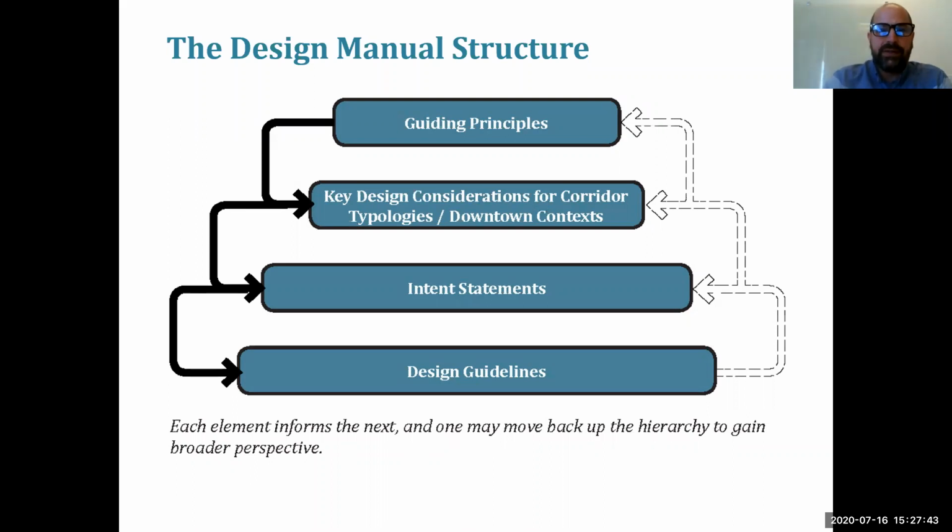If there's confusion about what a design guideline means, maybe it's informed by the next level up, by the intent statement for that section. Maybe that's informed by the key design considerations for the sub-district, and maybe that's informed by the guiding principles overall. So that's a hierarchy that we use in the review, and we recommend using yourselves.